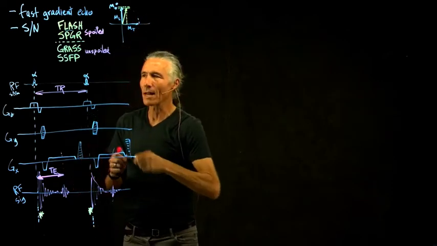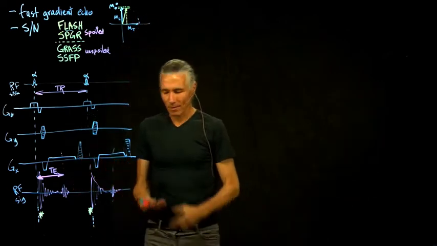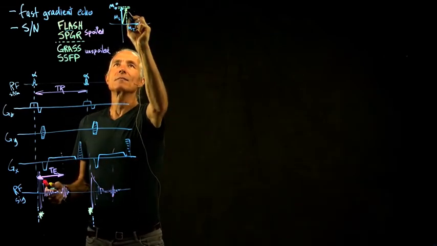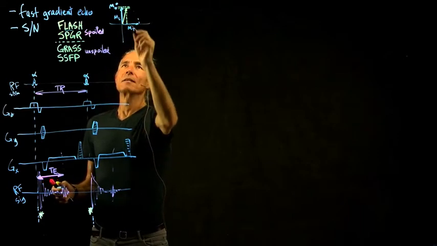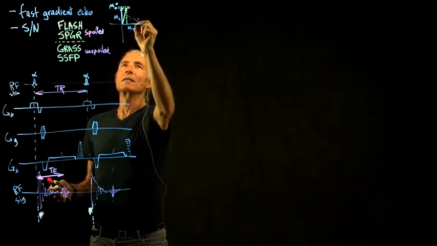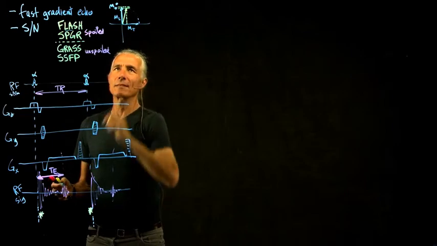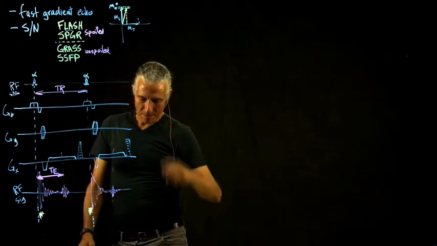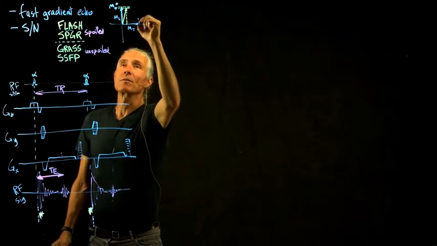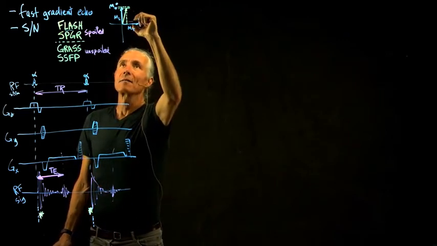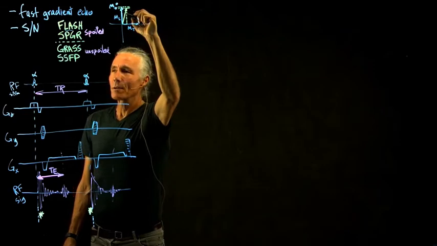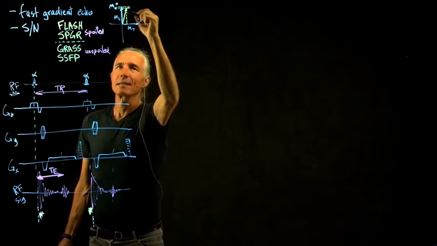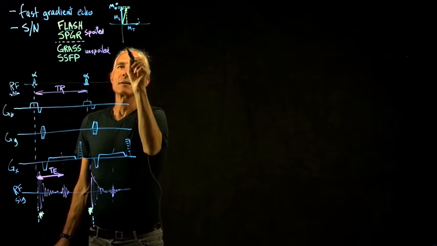It's not as much as a 90, but the amount of transverse magnetization that we get is going to be proportional to the sine, while the amount of longitudinal that we killed is proportional to the cosine.